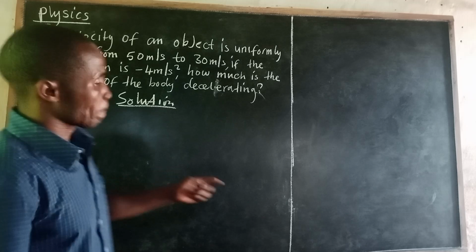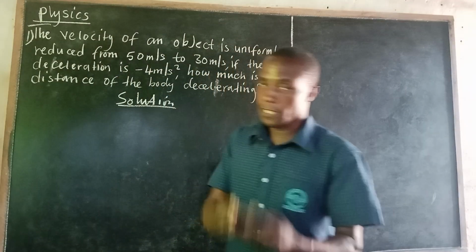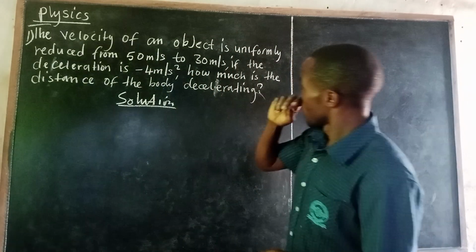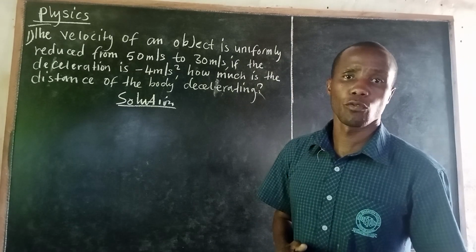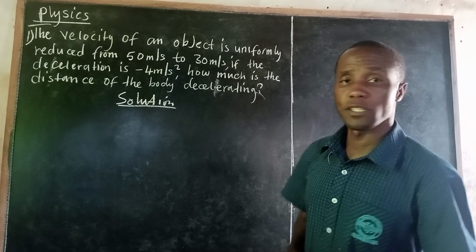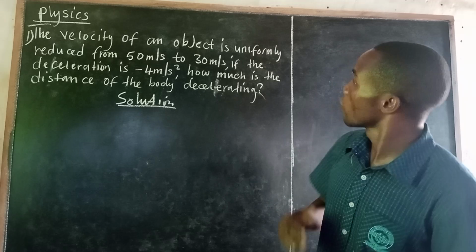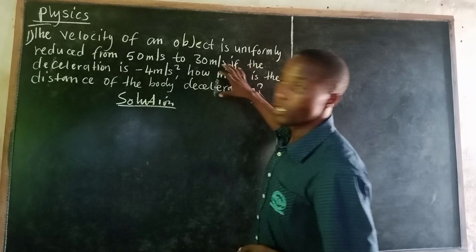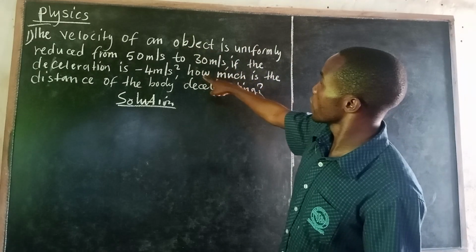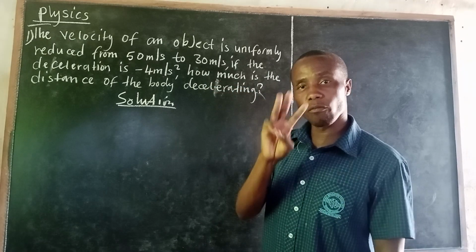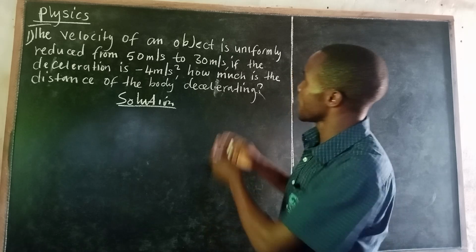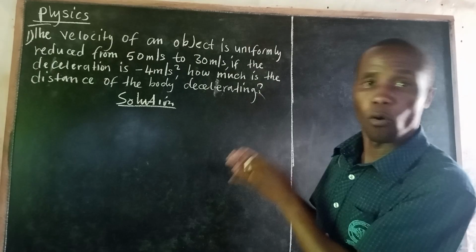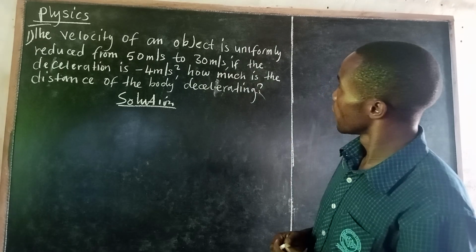As I said in the previous lesson, there are important formulas that you must understand. You have to master those because they are very important. For you to answer this question, you need to apply one of those three that I gave you. It depends on the statement that you are given.